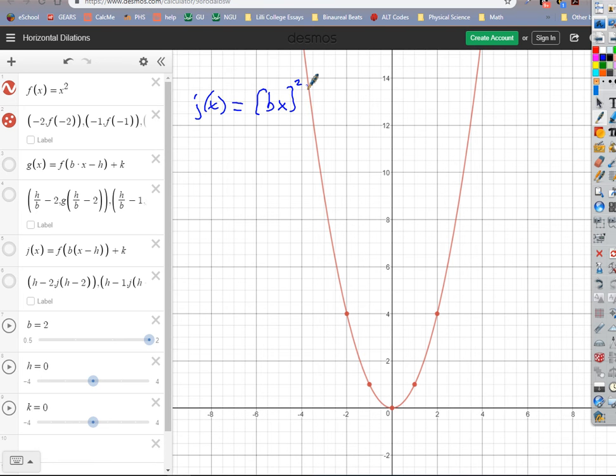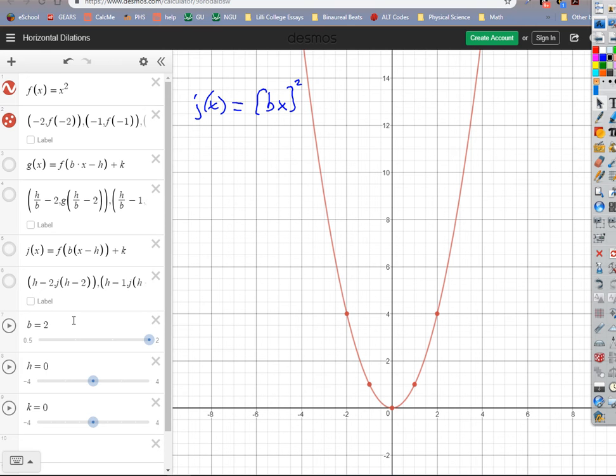Okay. So what happens when we multiply x by a dilation factor inside the function? Well, let's see what happens. Let's make b 2, for example. So if b is 2, anybody want to make a guess what that's going to do? It's going to make it go bonkers.